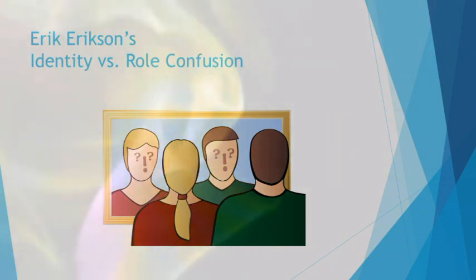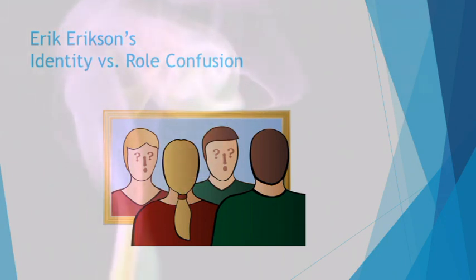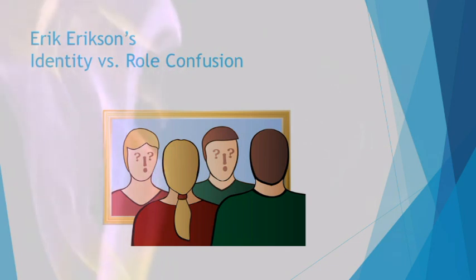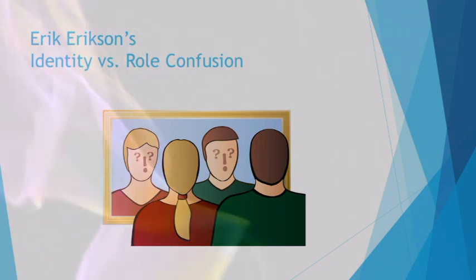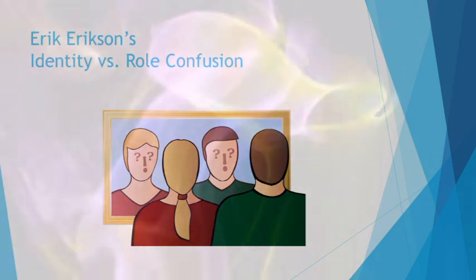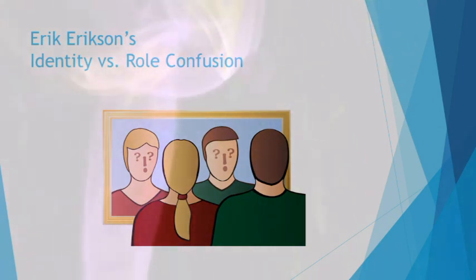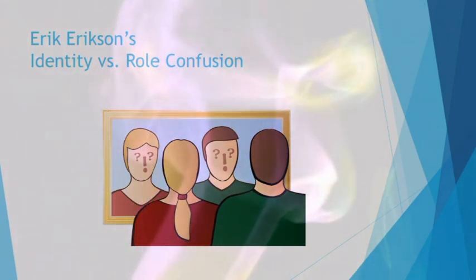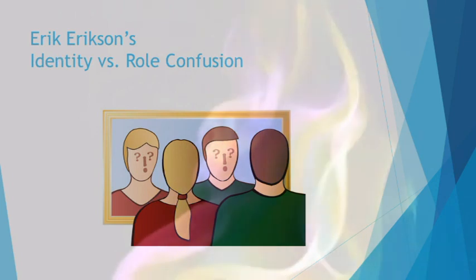Now, Erikson here really emphasizes the importance of social interactions and also cultural influences in shaping identity formation. So he makes it clear that family dynamics, peer relationships, and cultural values are things that the adolescent should explore in their construction of identity.